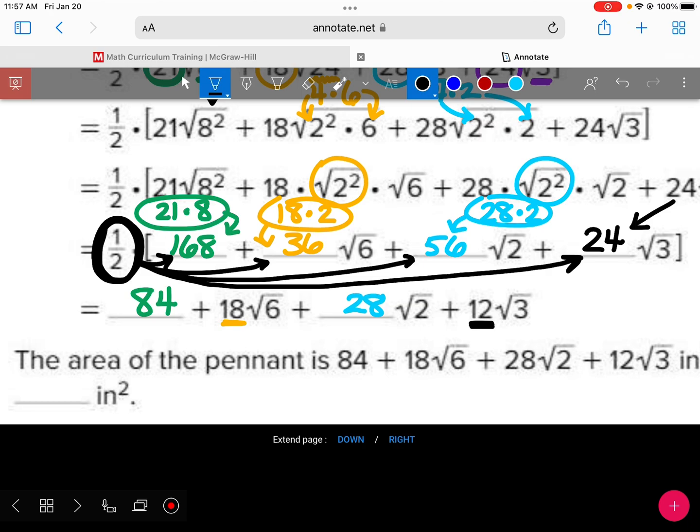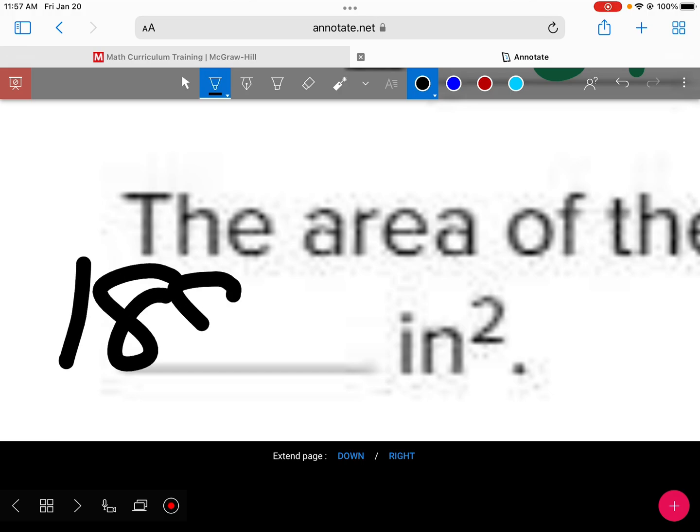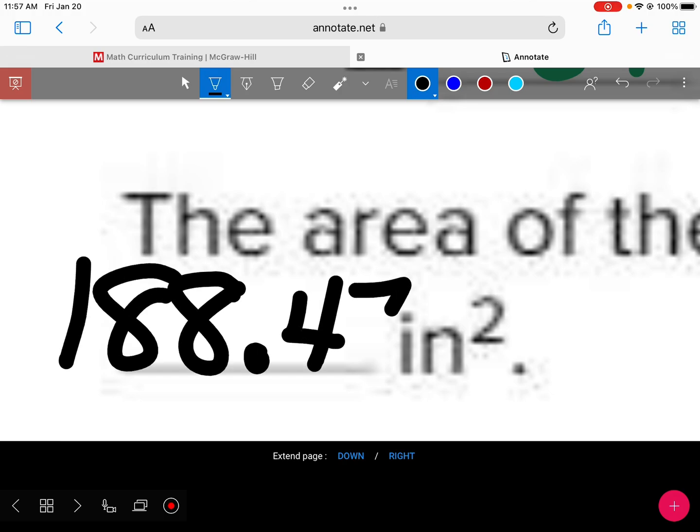Hit enter. You should get a number that's very similar to that on your screen. 188.47 if we take it out to 2 decimal places. 188.47 would be our decimal approximation here.